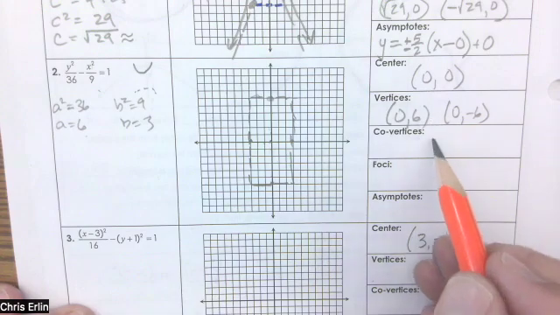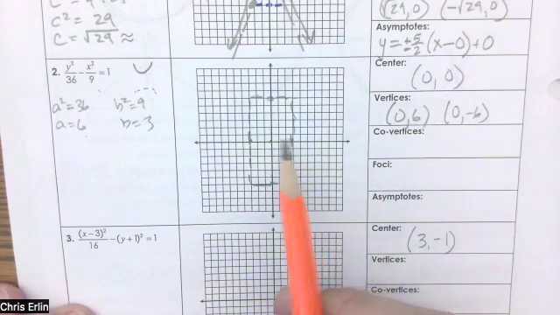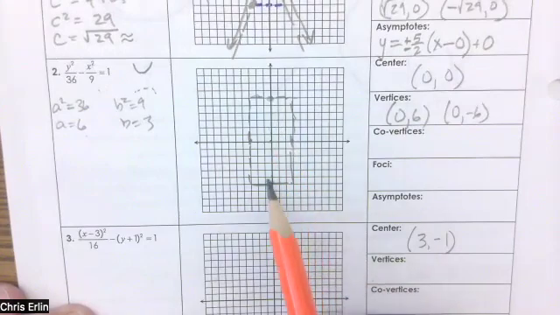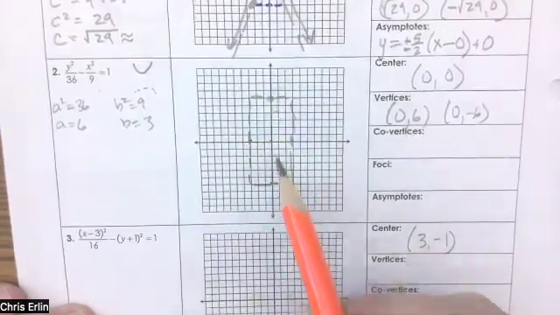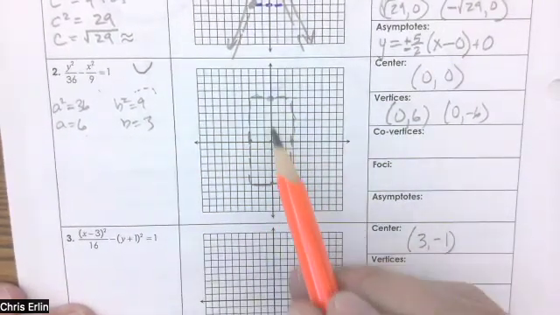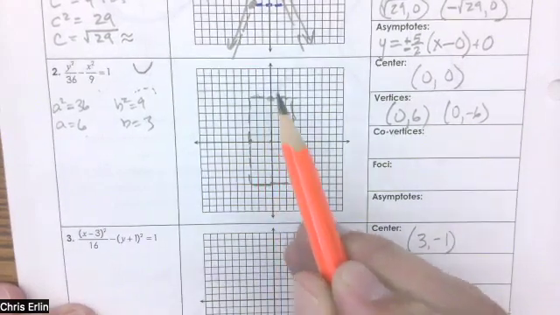How do I know which of these is vertices and which ones are co-vertices? Is it the same or different than the way we did it with ellipses? It's different. In an ellipse, I choose the long one, right? In an ellipse, these ones would be called my vertices because they're part of the long axis.